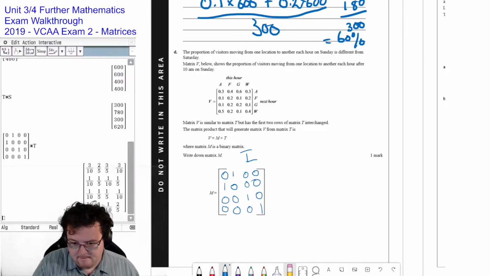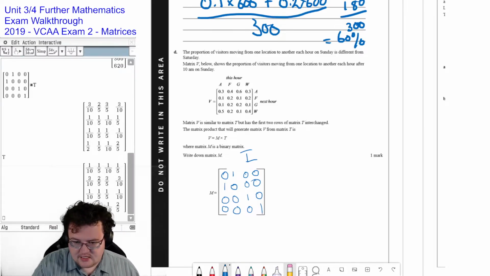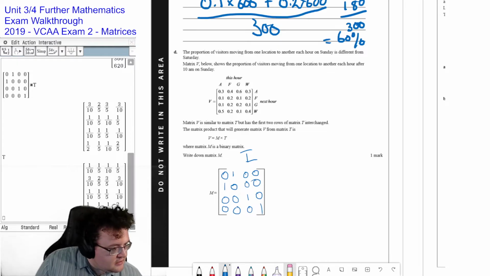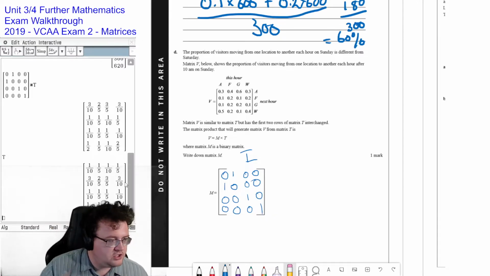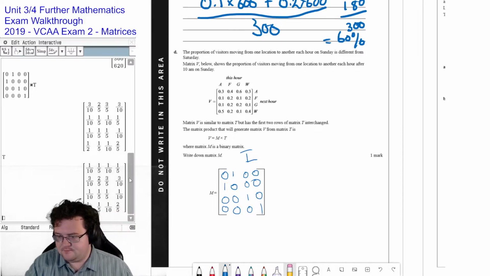Times T. Now I'm going to show you P as well, and as you can see here, 3/10, 2/5, 3/5, 3/10, 3/5, 2/5, 3/5, 3/10. I have swapped the order around using that matrix.